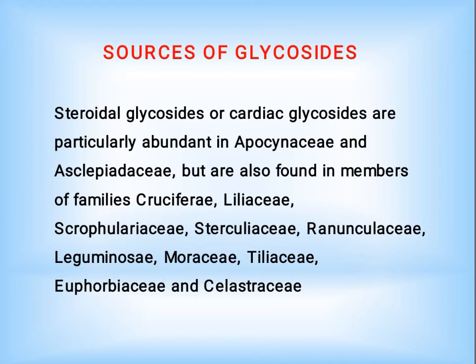But the major amount of glycosides would be abundant in families Apocynaceae and Asclepiadaceae. So this type of glycoside is steroidal glycoside, also known as cardiac glycosides. It means these glycosides would be helpful in the treatment of heart disorders or heart problems.